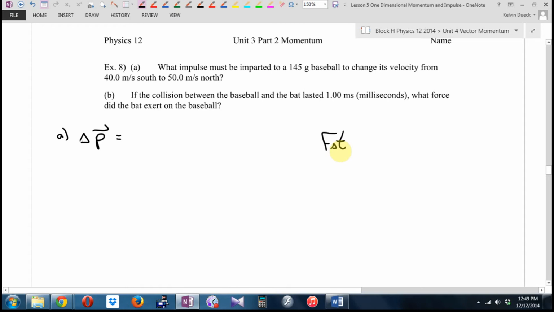Am I going to use the one that goes final minus initial, or the one that goes force times time? Really, it's all about the velocities. Did they give me a final and initial velocity, or did they give me a force and a time? I hope you'll agree they gave me mv final minus mv initial.